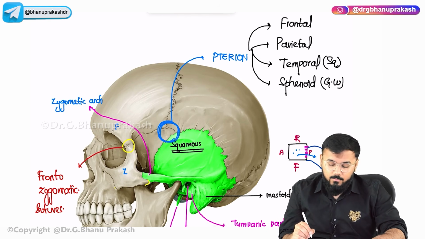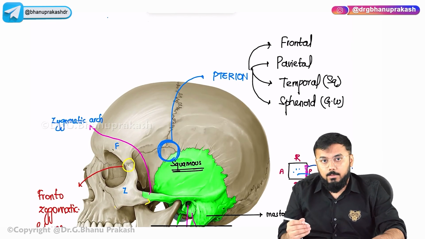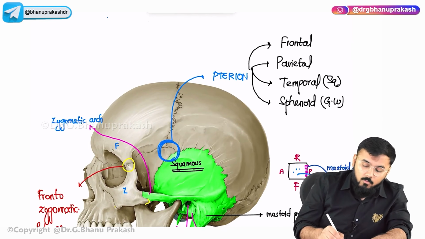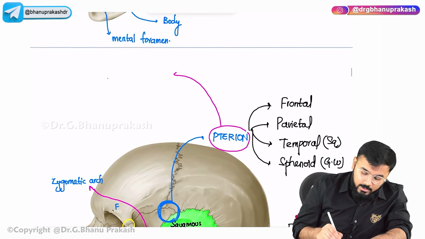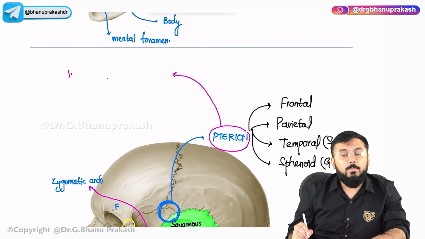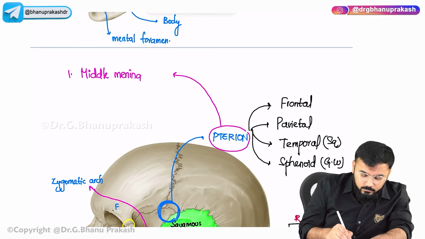Okay, now what are the structures that are present beneath this pterion? All of you look here now, the first important structure is the middle meningeal vein.